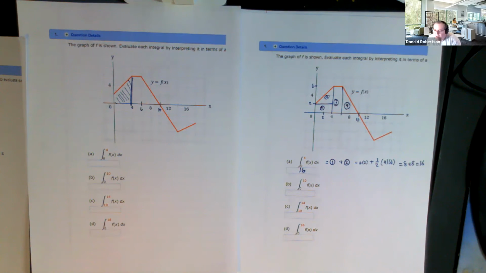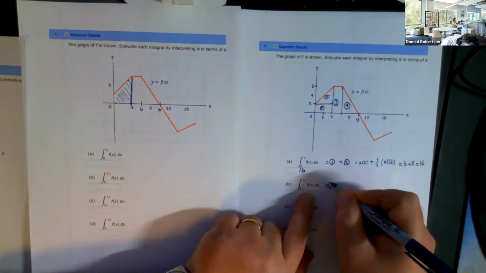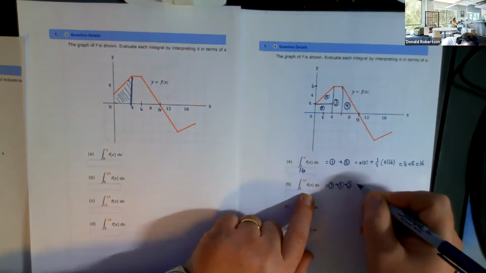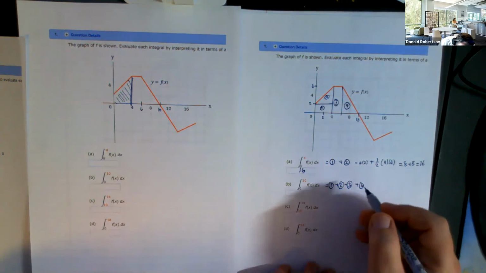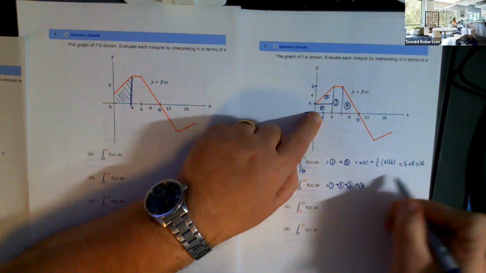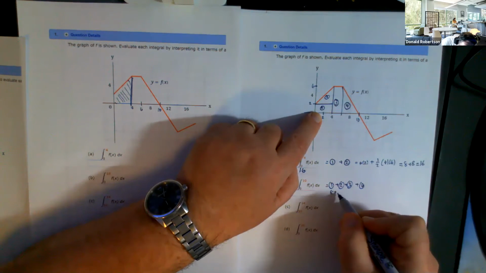If I add up all of those, won't that be the area from 0 to 10? Great. It's shape 1 plus shape 2 plus shape 3 plus shape 4. I've already found shapes 1 and 2. That one's 8 and that one's 8.